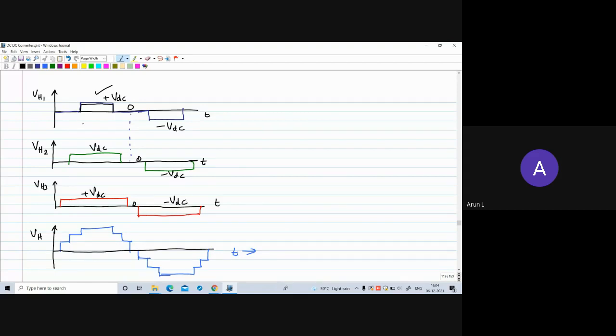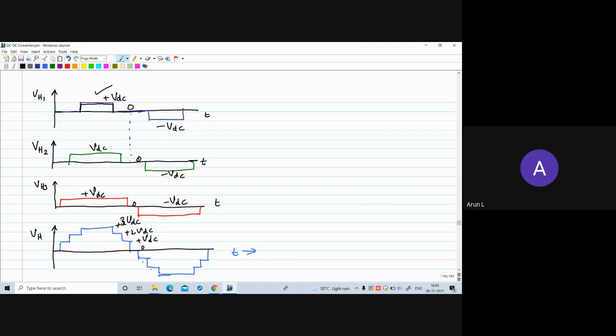But they are operated with different control circuits, so that the pulse width is different. Now, if you add up all these three, you will get this multi-level waveform. You have plus 3 VDC, plus 2 VDC, plus VDC, 0, minus VDC, minus 2 VDC, minus 3 VDC, like that. So you can increase the number of levels.